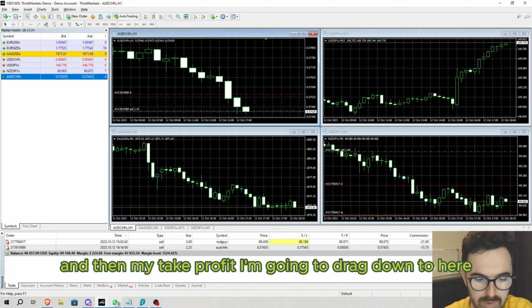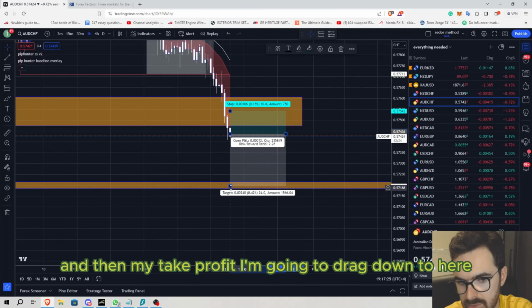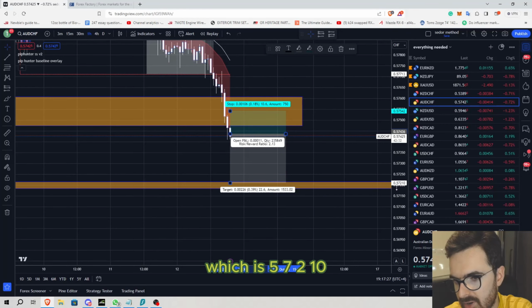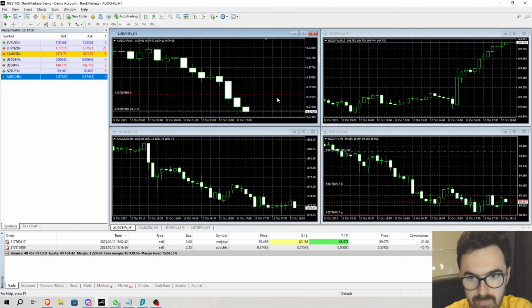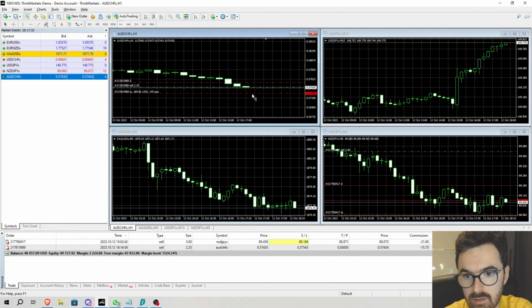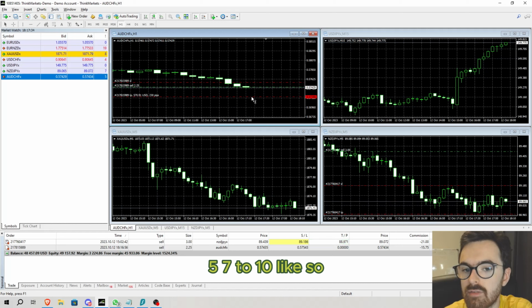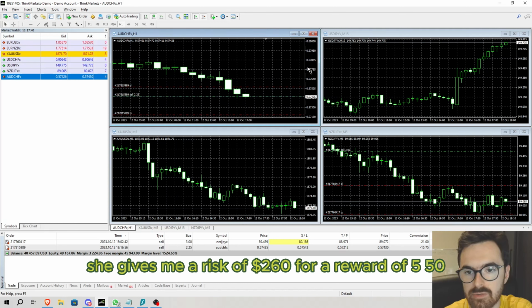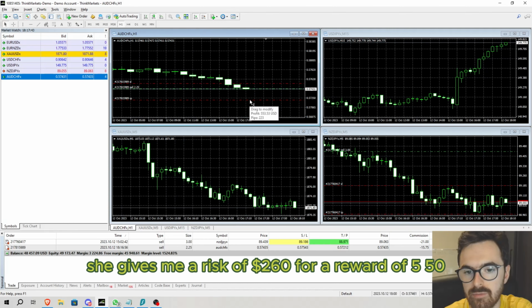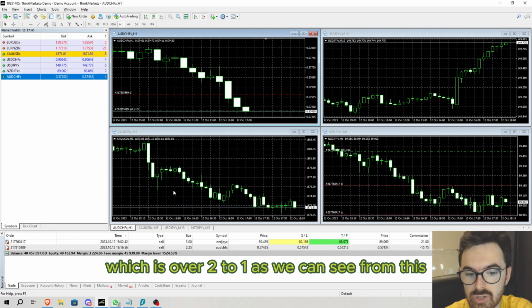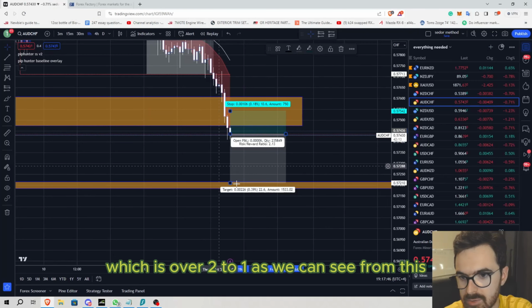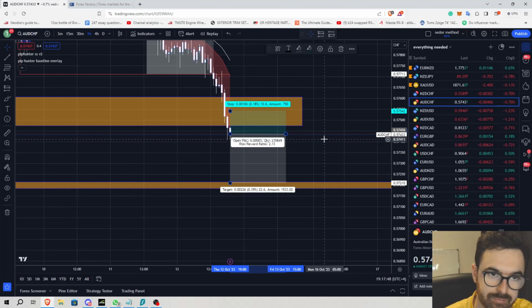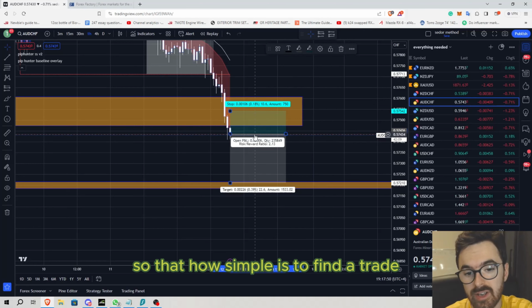And then my take profit, I'm going to drag down to here, which is 57210, like so. Which gives me a risk of $260 for a reward of 550, which is over 2 to 1, as we can see from this. So that's how simple it is to find a trade.